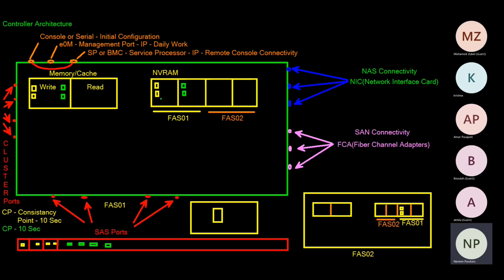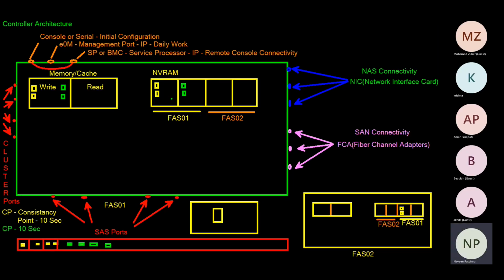In the earlier consistency point, NVRAM and memory already committed the data to the disks. Once they committed the data, they wipe the data within them, get themselves empty, and are ready to take the data from the clients.